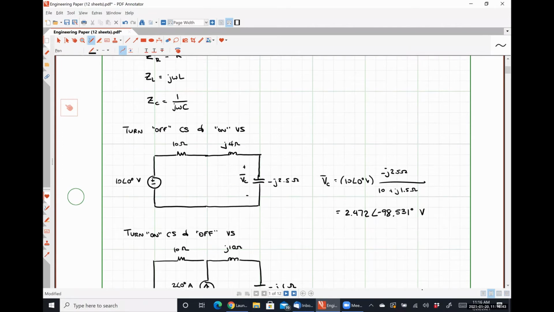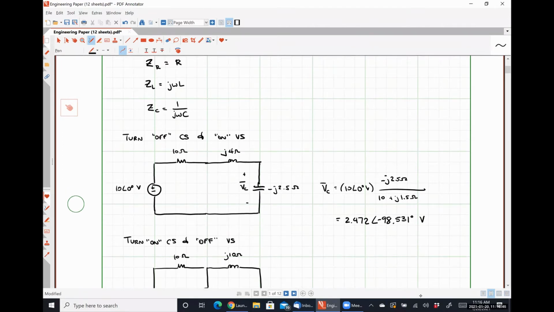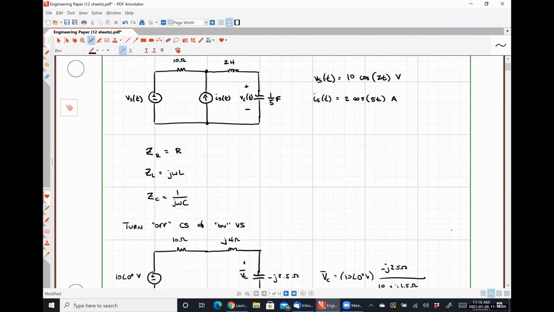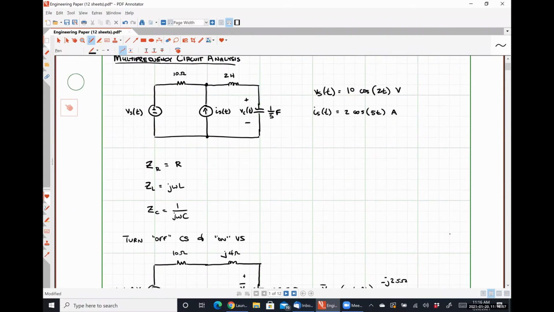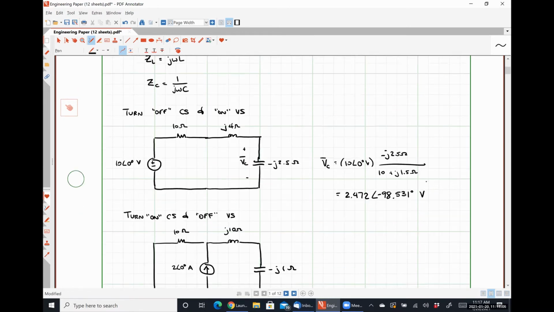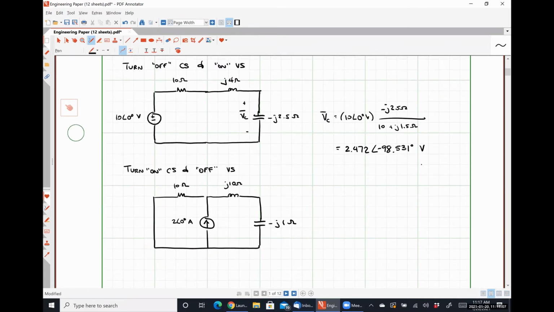My argument there is that if I increase the frequency by a factor of 2.5, then that should decrease the impedance of my capacitor by a factor of 2.5. So let's do the math on that real quick. So 5 times 1/5 is 1. So we have 1 over j, which is the same as negative j. So that is correct, negative j1 ohms.